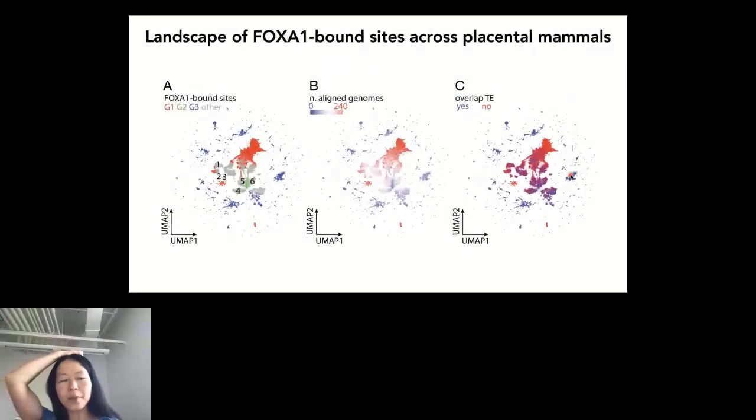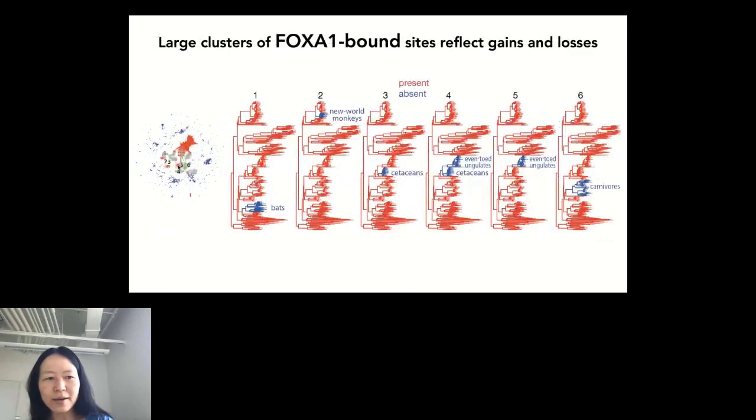Okay, so if you look at another example, I have 367 of them. So here is another example. And you see the fine resolution of these lobes in the UMAP. And I'm just going to jump to right here. These lobes indicate losses in specific lineages. Like 1 is lost in bats, 2 is lost in New World monkeys, 3 in cetaceans, and 4 in both even-toed ungulates and the cetaceans.